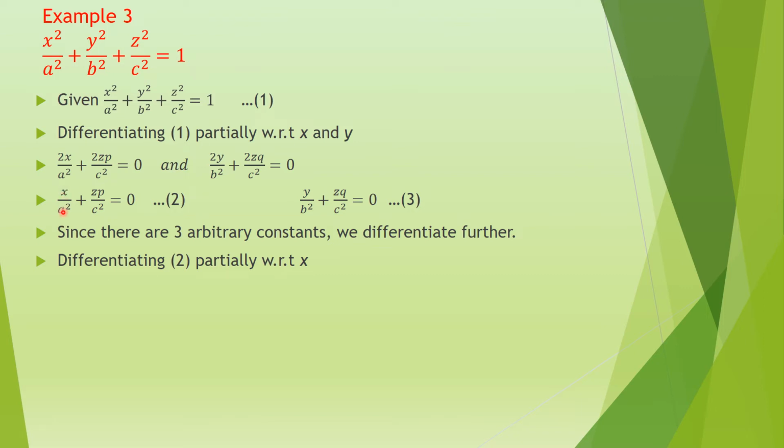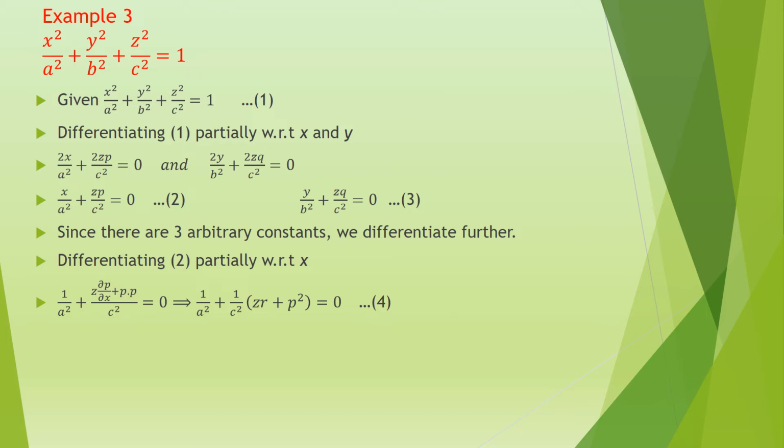Remember, x is variable, so the derivative is 1 by a square plus 1 by c square into derivative of zp. Remember, z is variable, p means actually dou z by dou x. Therefore, this is also variable. So to differentiate zp, we have to go for the product rule of differentiation. So we get 1 by a square plus 1 by c square into derivative of zp, that is z into dou p by dou x, first function into derivative of second, plus second function, that is p, into derivative of z, that is dou z by dou x, which is p.